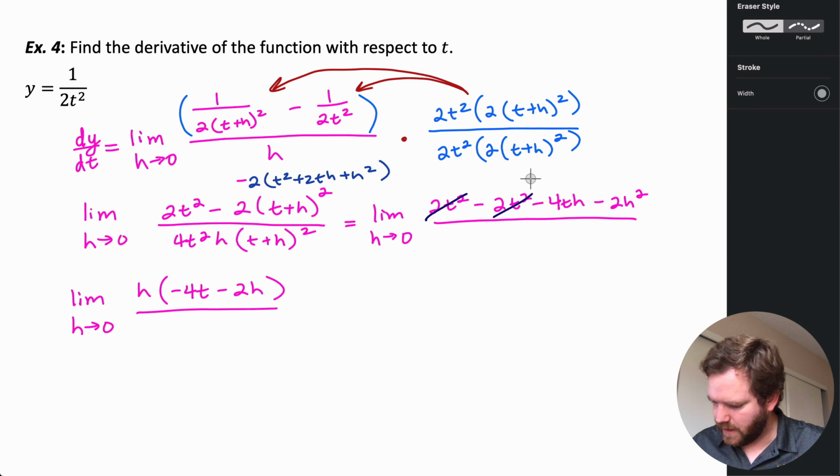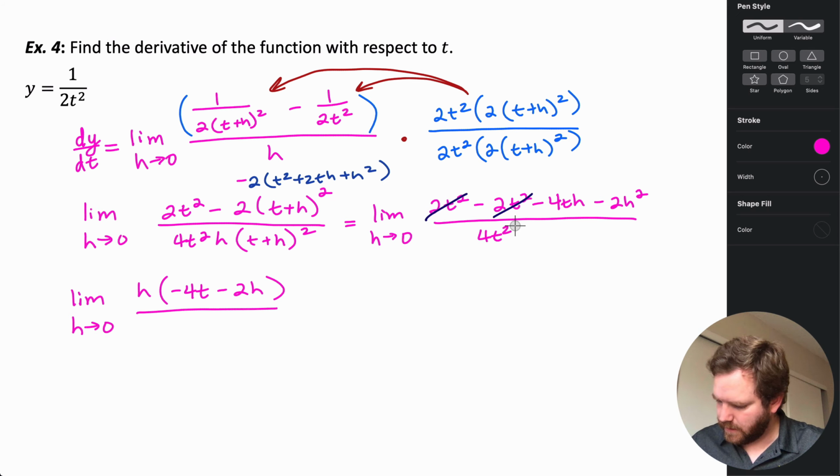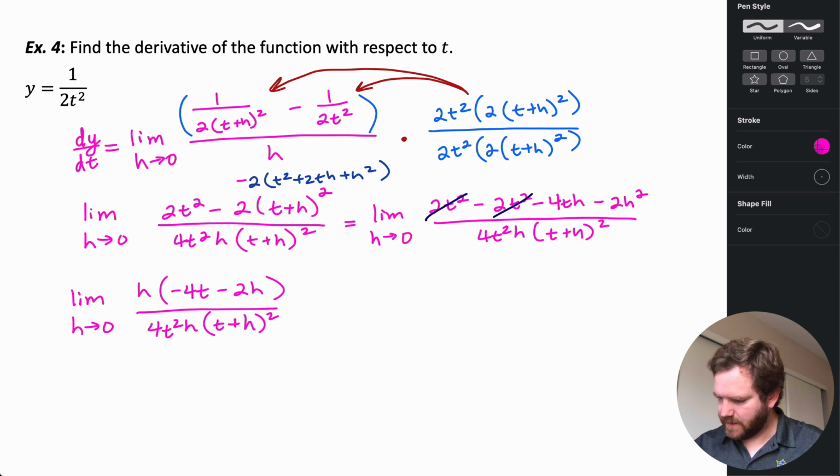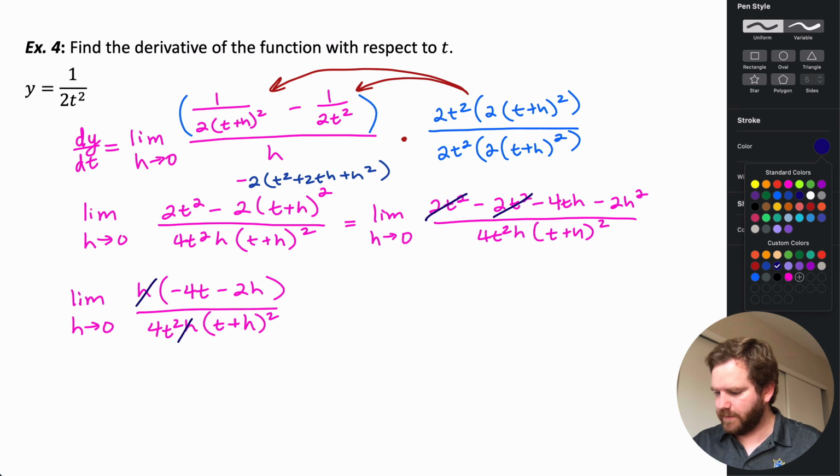Sorry, this should not just be h, this should be this whole thing down here. 4t squared h times t plus h quantity squared. So that's what we're going to have again. And then this h here is going to cancel with this h. And now we're not going to get 0 over 0 when we plug in.